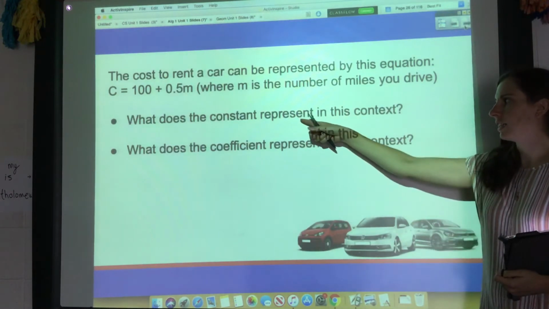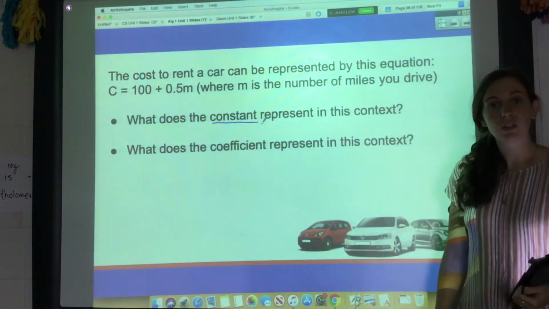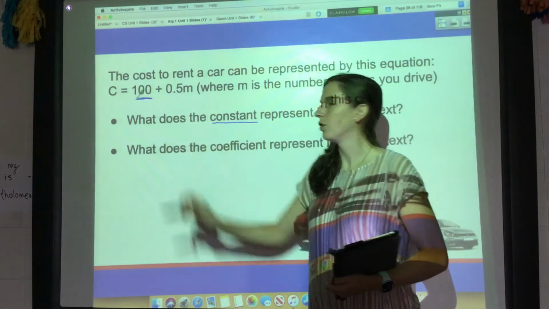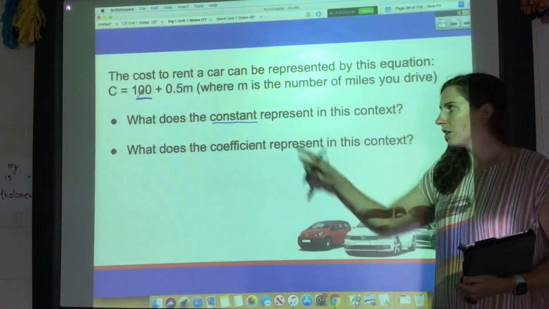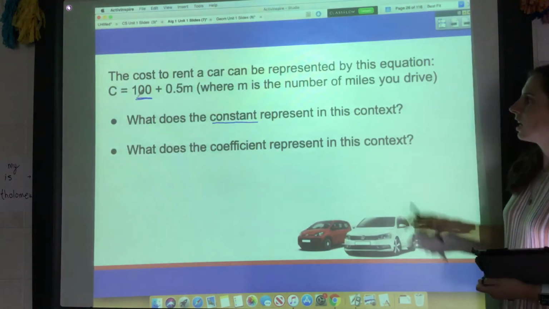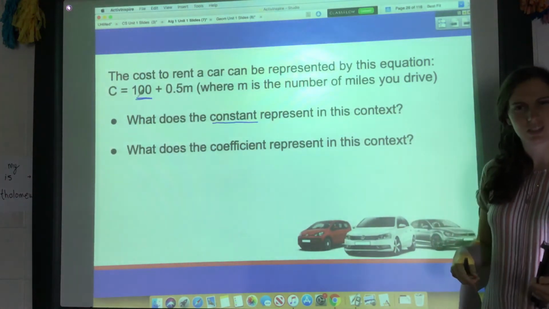What does the constant represent in this context? So first, let's go find the constant. That's 100. So I know that the constant is 100, but what does that mean? Well, in this context of renting a car, you may want to try a few examples, just to see what's going on here.